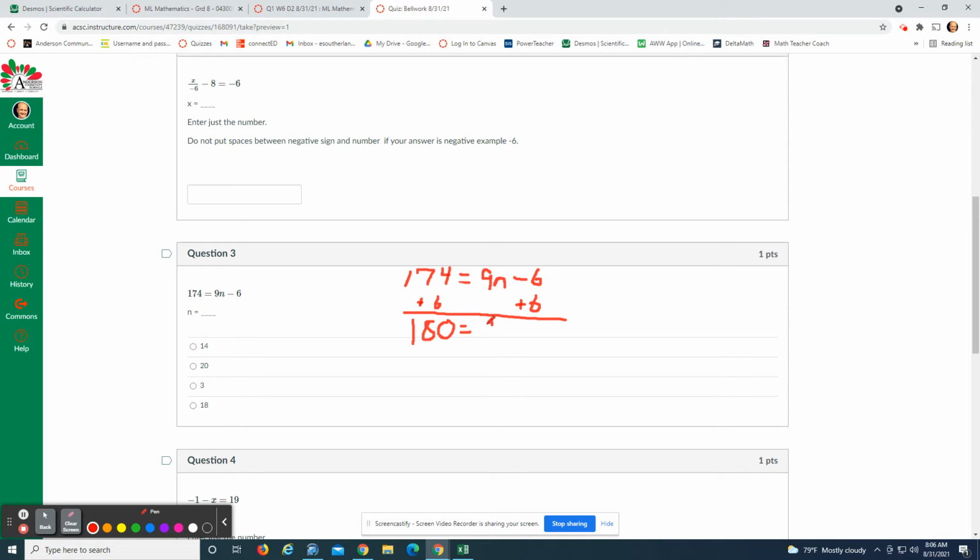The 9n drops down. The 6's cancel. Now, how do I get rid of 9 times n? Divide by 9. $180 divided by 9 is 20. The 9s will cancel each other out. The n drops down. So n is equal to 20.